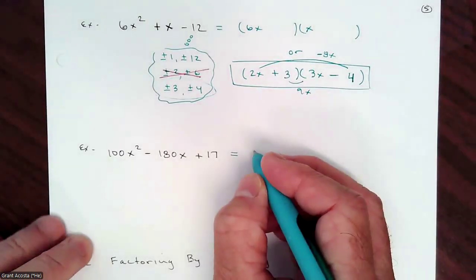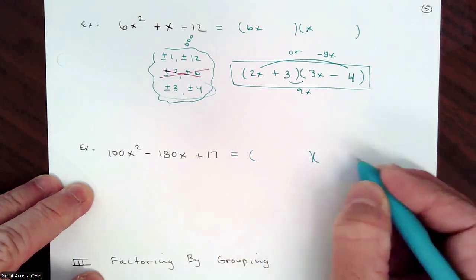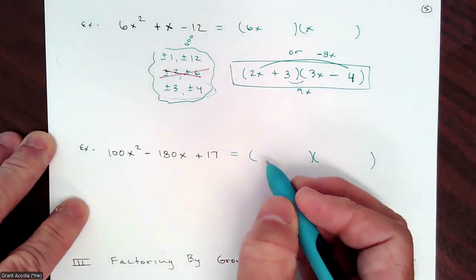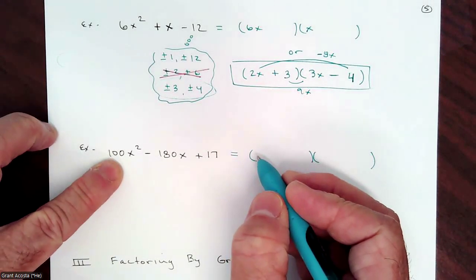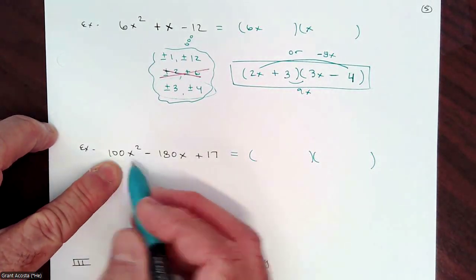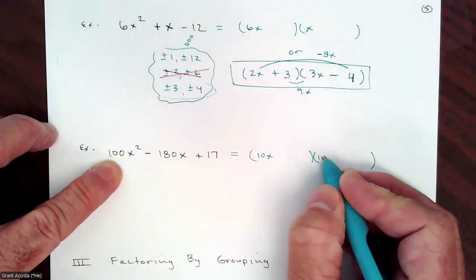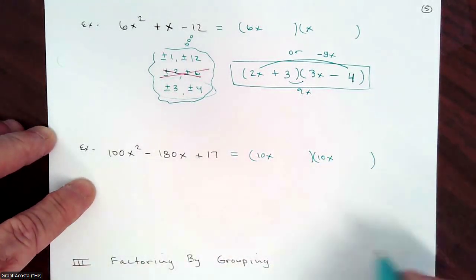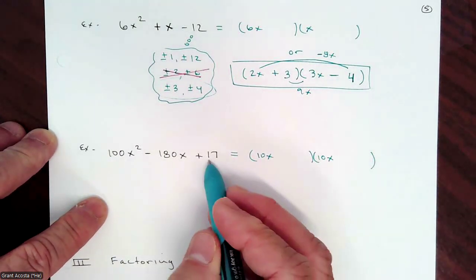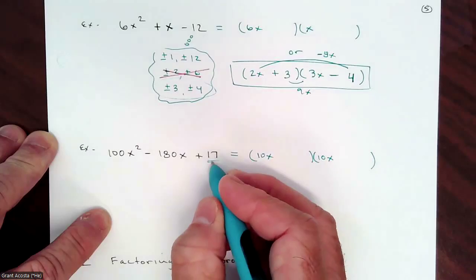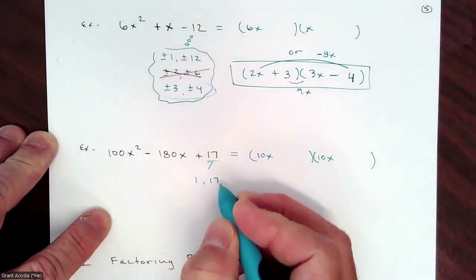Whereas if you just gave it an honest attempt before you jumped into something like that, there's more than one way to get 100x squared, but if you go with maybe the obvious, 10x and 10x, of course, it could be 100x and x, or 20x and 5x. Then there's only so many numbers that multiply to 17, namely 1 and 17, right?